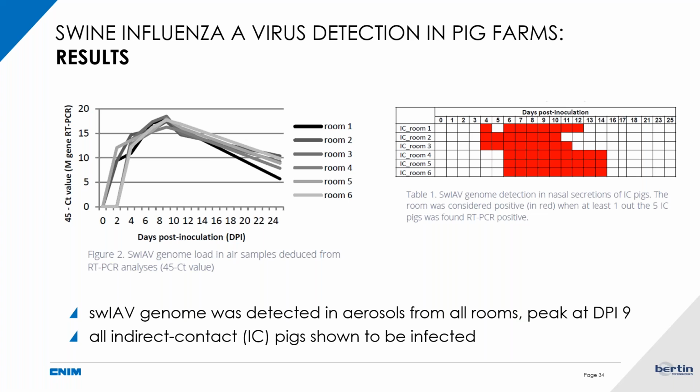What they found was that from day 19, when they had the peak, all pigs were contaminated, which showed that the contamination was made by air, and they were able to detect virus in air samples.